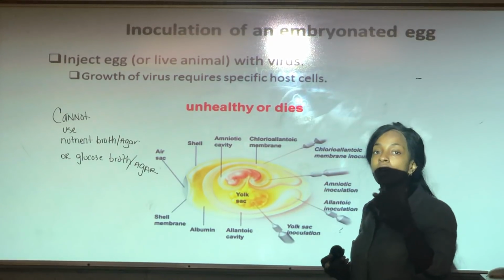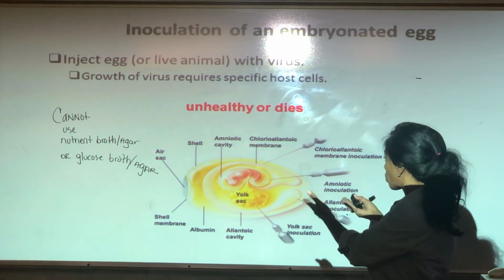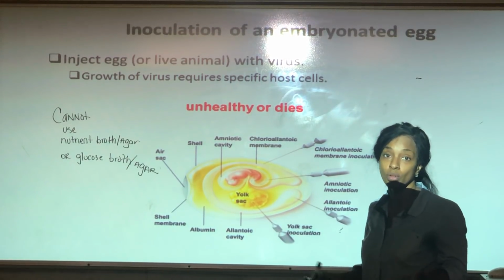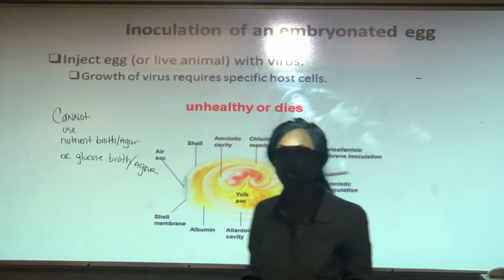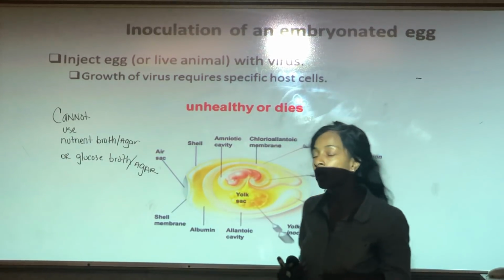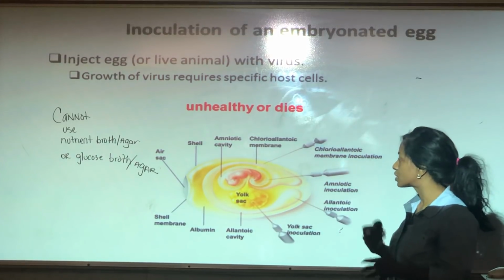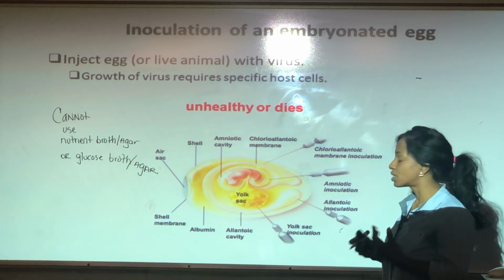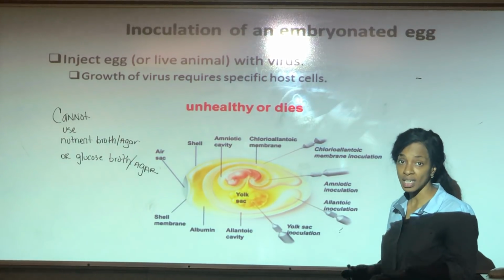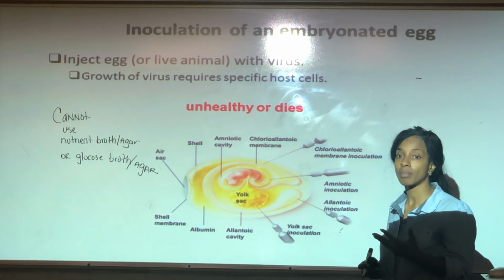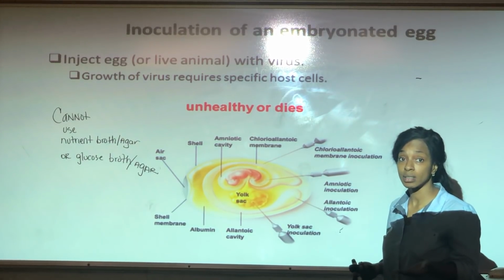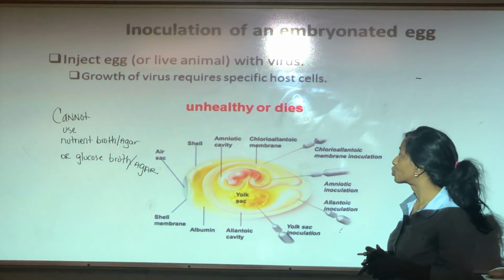Either the egg or the growing embryo will die, or get sick, or maybe present tumors. Once the virus is growing inside and we see these signs, we can extract the viruses to study them. We can also extract them to make things like vaccines. So this is one way to grow your virus.